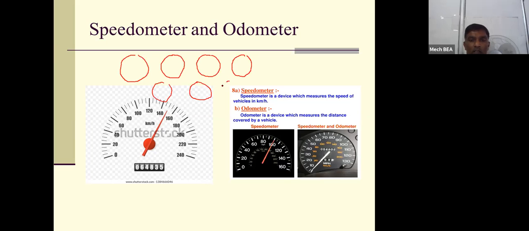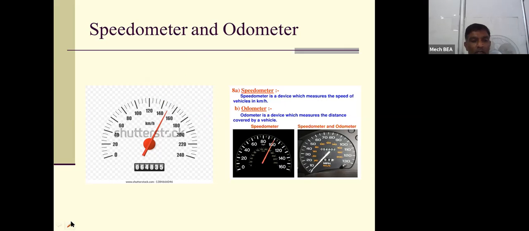What do these structures indicate? Some indicate the fuel, some indicate the speed, some indicate the condition of various devices. Some meters are provided to indicate the temperature, that is the temperature indicator.